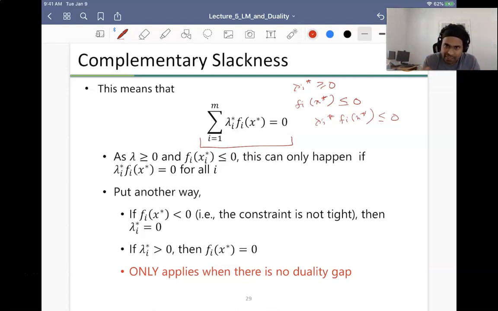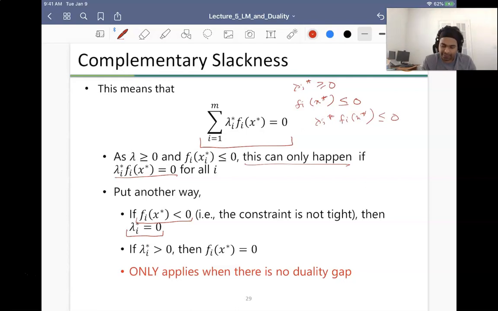So this can only happen if lambda i star f_i(x star) is strictly equal to 0. Put another way, if I have those instances for which the constraint is not tight, then I absolutely require lambda i to be equal to 0.